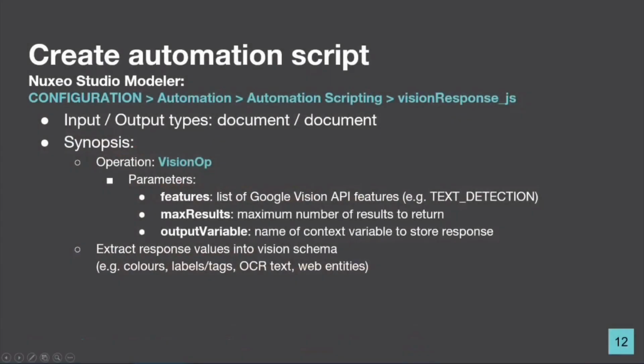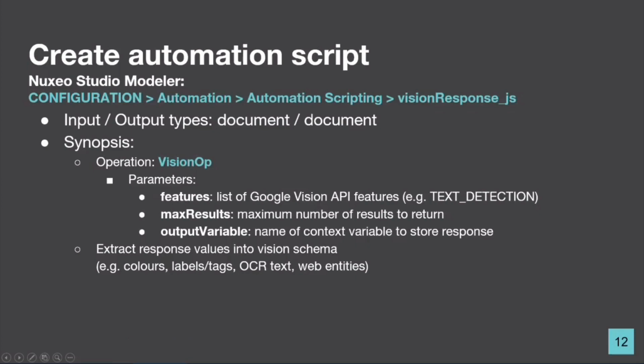Next up, we're going to create an automation script. In Studio Modeler, we go to the configuration automation scripting section, and we define a new script. In this case, we're calling it Vision Response _JS. The input and output types for these are document and documents. We'll be operating on a single document at a time. The general synopsis is that we're calling the core operation from the Nuxeo Vision module, which is the Vision op.